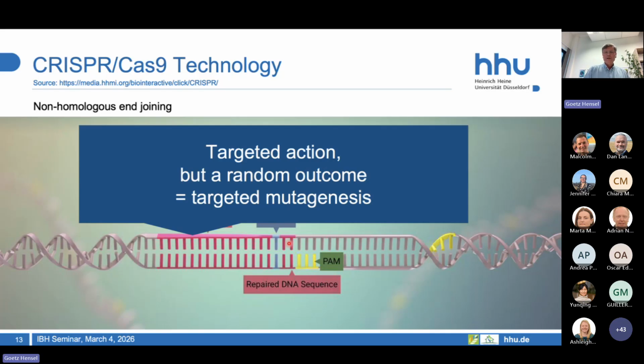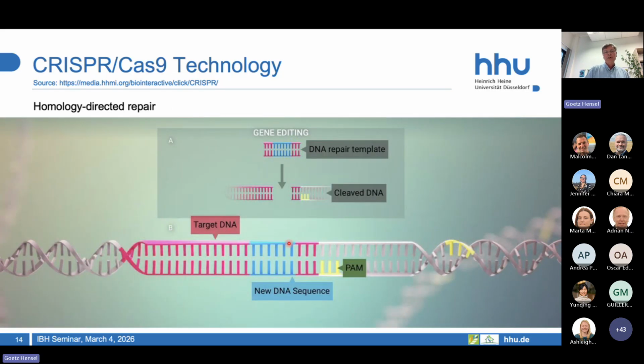Gene editing starts for me with homology-directed repair, but this needs either the sister chromatid in the natural situation, or you can provide a synthetic repair template, which then will be used in order to repair this double-strand break.